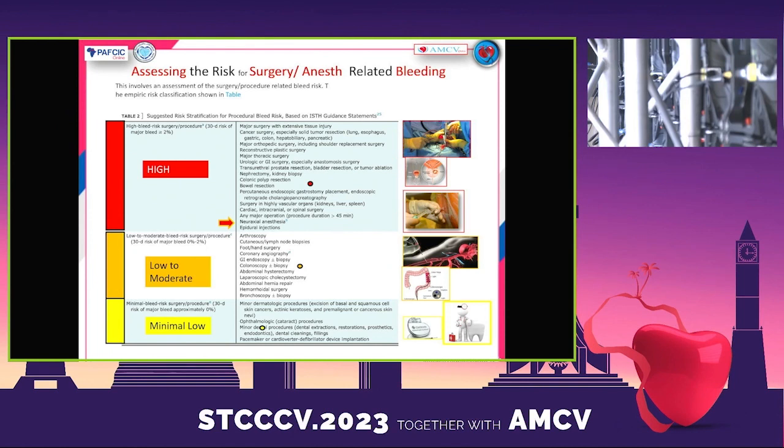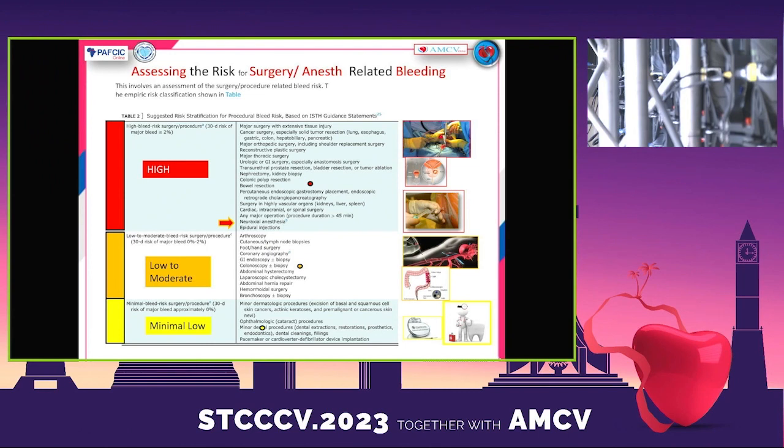On the other hand, we have to assess the risk of surgery or anesthesia-related bleeding. Here again, we have a classification of three categories. High risk includes cardiac surgery, vascular surgery, urology, and neuraxial anesthesia, which is very important to know. In the moderate category, we can have colonoscopy or coronary angiography or PCI, complex PCI.